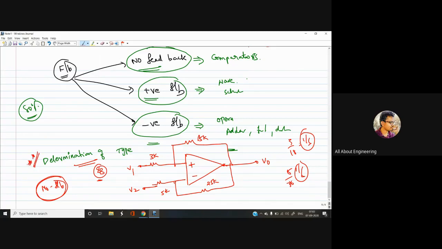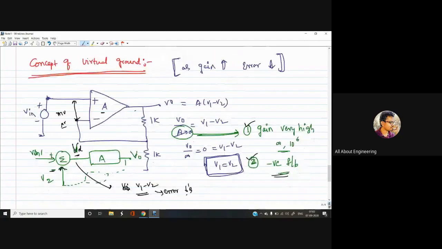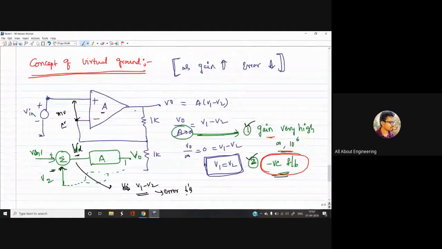My point is, many will think that if there is a path from output to input, there is some feedback, either positive or negative, but it is very important to know which type of feedback a circuit is connected in. If you are clear that it is negative feedback, and then you check the gain, if the gain is large enough, only then apply the concept of virtual ground.